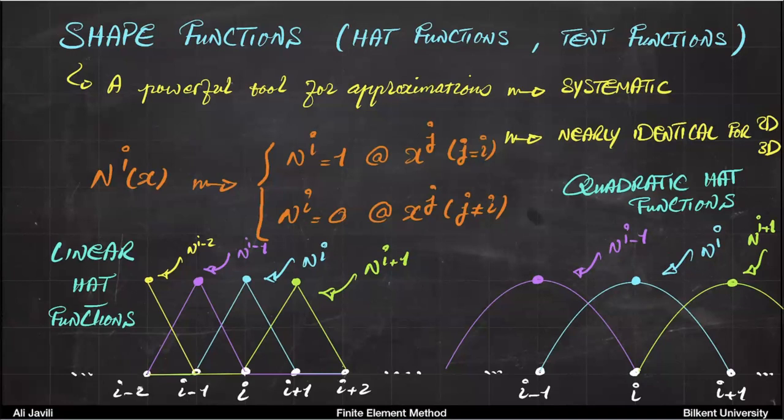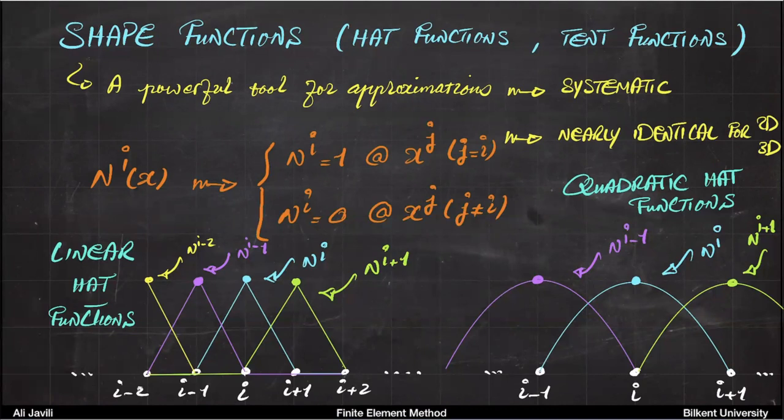Okay, so after this little overview and, let's say, advertisement for shape functions, what is a shape function? A shape function Ni is a function which looks like a hat. It has two properties. It's one at node i itself, so if you think of any point j, if j and i are equal, that is one. Or it's zero elsewhere.